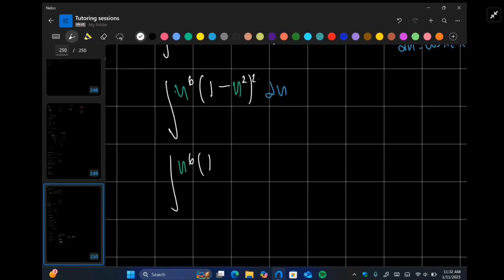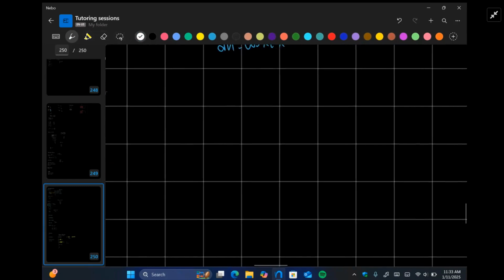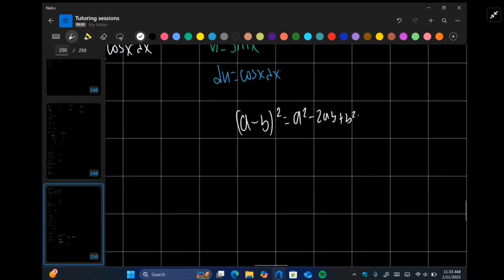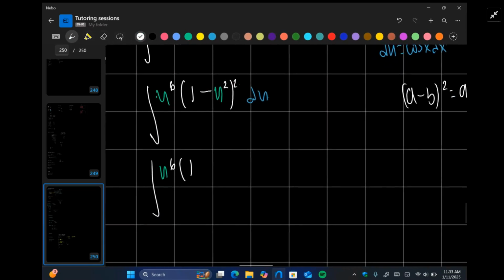So we're going to use the formula a minus b squared equals a squared minus 2ab plus b squared. If you don't like doing that, you can also simplify by the FOIL method. So in this case, we're going to get 1 squared minus 2u squared plus u to the 4th.